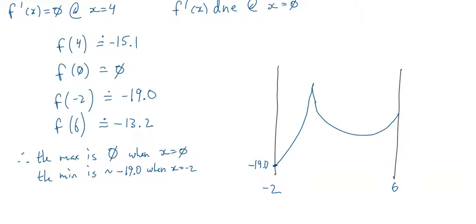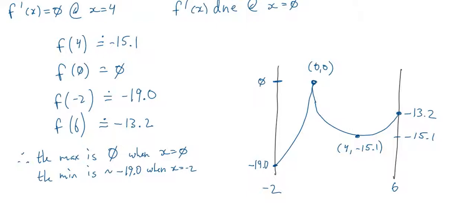So see how you really got to think this through and make sure you get all the pieces. 13.2, this is negative 15.1, this is 0, and I want these points labeled as well. And there you have it.